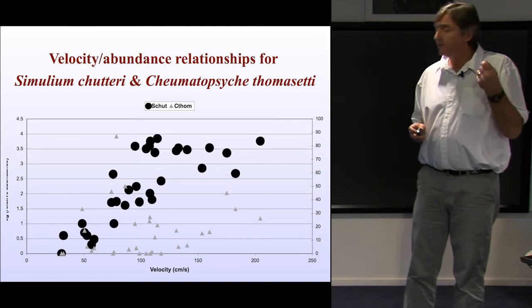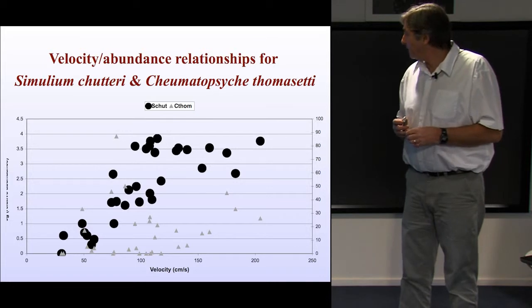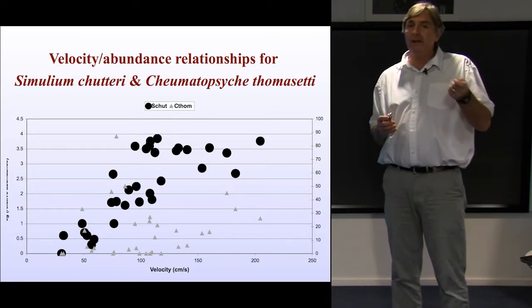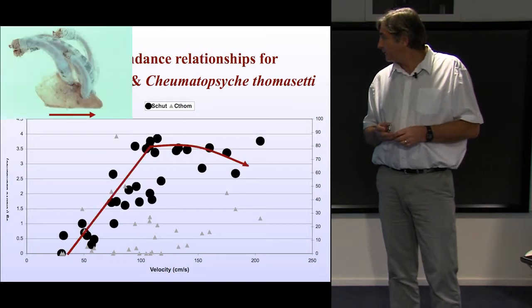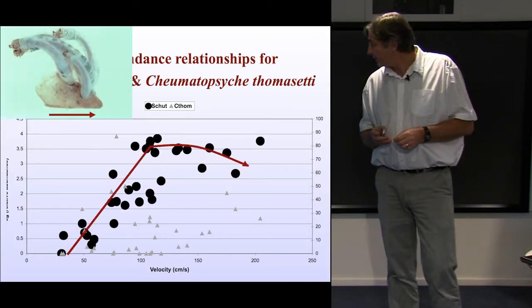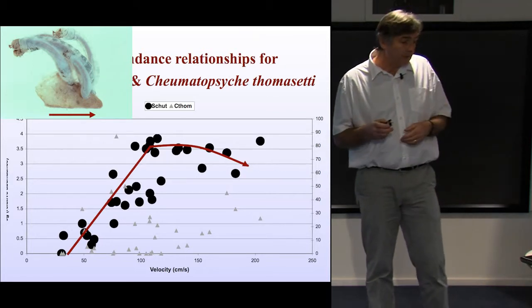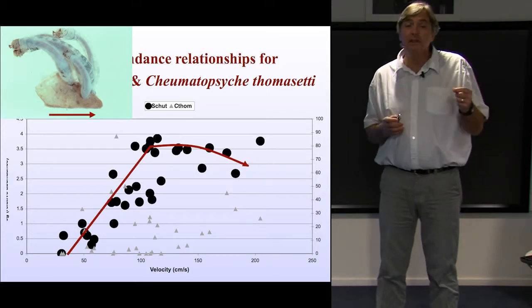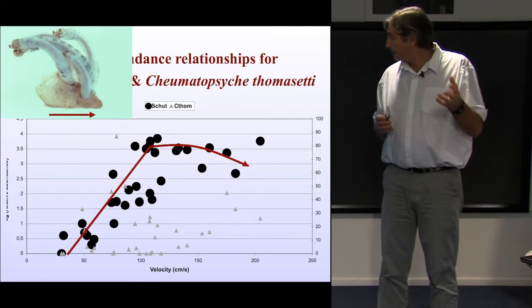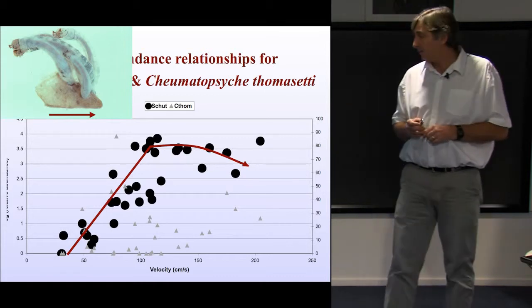Okay, similarly, you can use invertebrates. This one is the Simulium chutteri that I talked about before, and also Cheumatopsyche thomasseti, one of these net-spinning caddisflies which I've mentioned. And if you look at Simulium chutteri, you can see the black dots indicating that up to velocities of at least a meter per second, the abundance is going to be greater and greater, and that after a meter per second, you're really getting a maintenance of the same sort of densities.